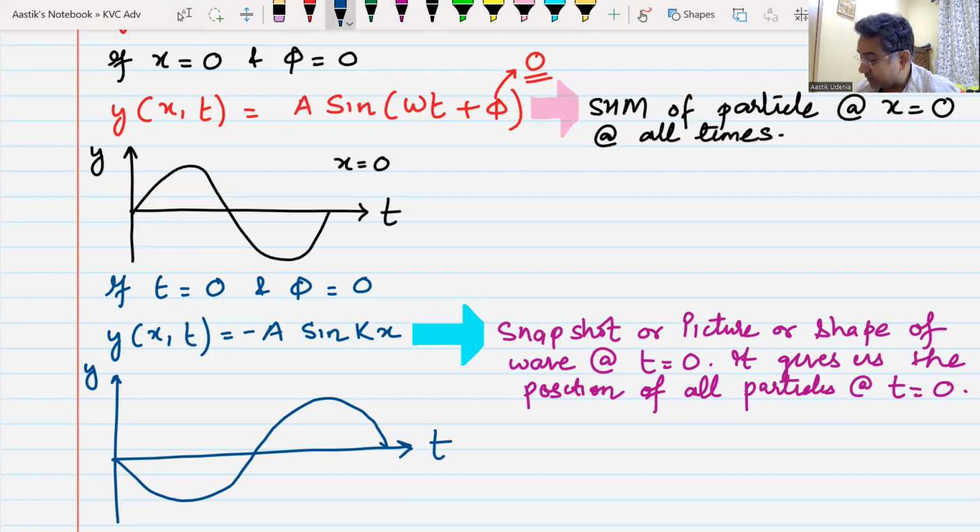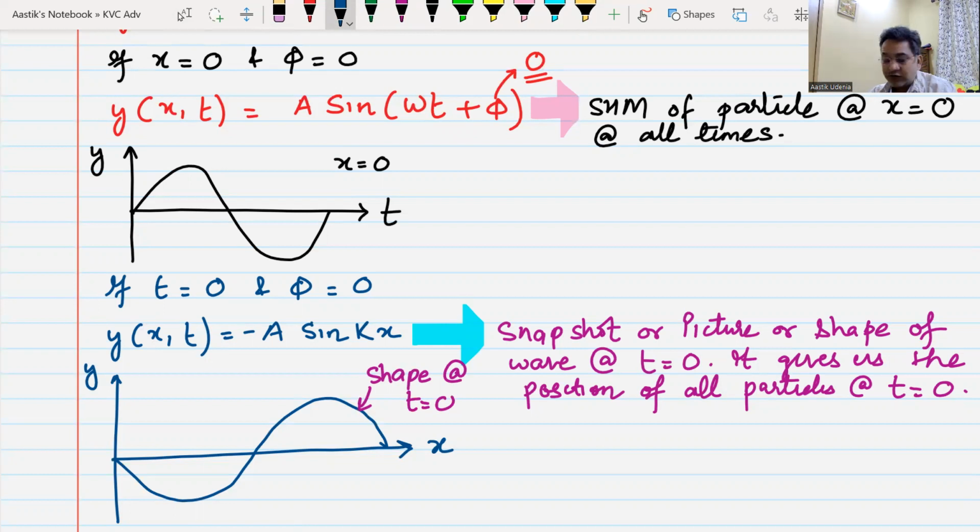This is the shape of the wave, this is how the wave looks at time t equal to 0. I plotted it wrongly. Here it should be x. So you just put the value of x from 0 to infinity, and you will get the shape of the string, or the shape of the wave, at time t equal to 0.